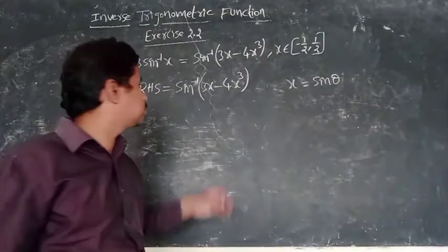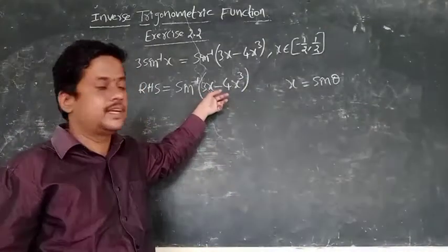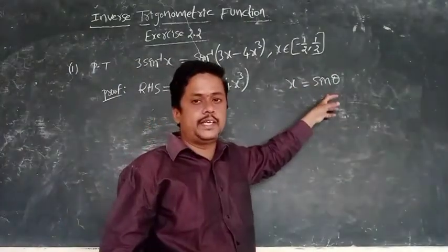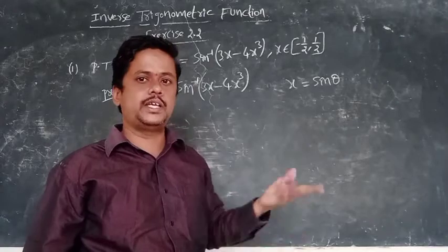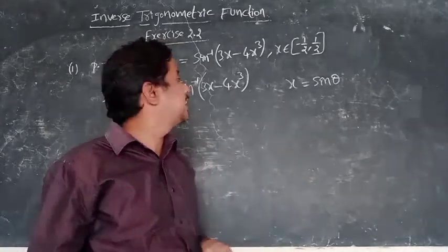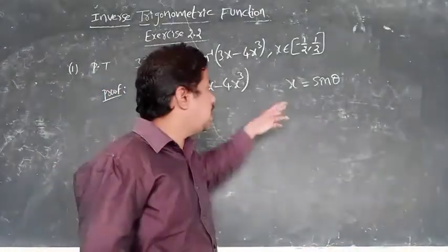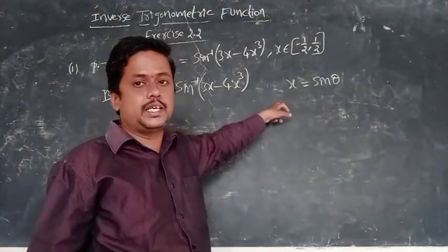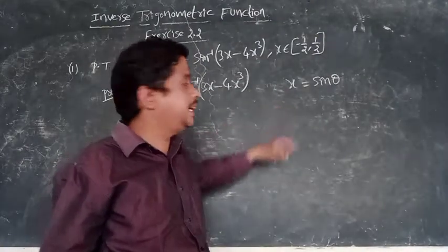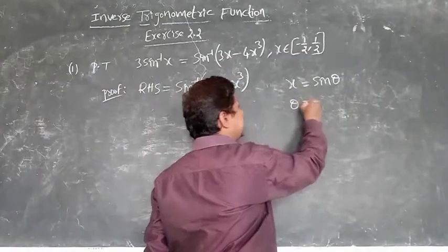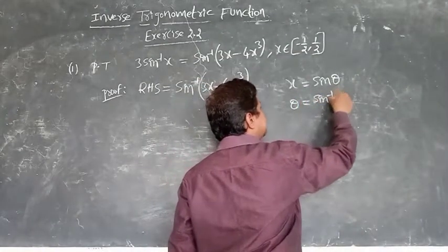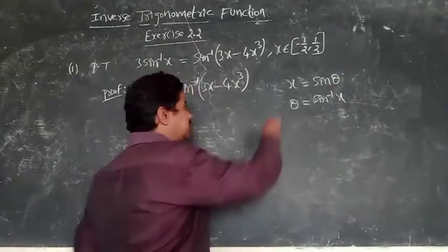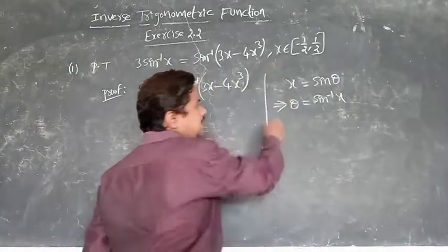So let us consider x equals sin theta, otherwise sin alpha, otherwise sin beta. You can take any sin related. So x is equal to sin theta, and according to the inverse trigonometric function, theta is equal to sin inverse x.